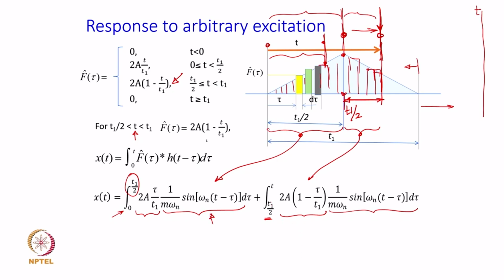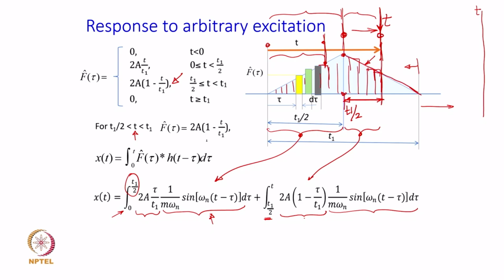So, the limit will start from T1 by 2 to T. So, that is your T value. So, this is your T. So, it has to go from T1 by 2 to T, and then this f of tau, which is applicable for this particular slope of the forcing variation, will take its place.